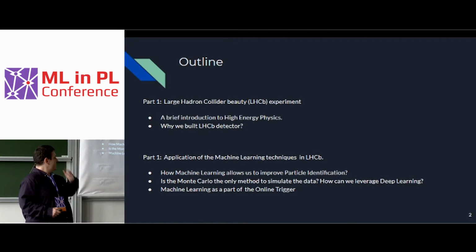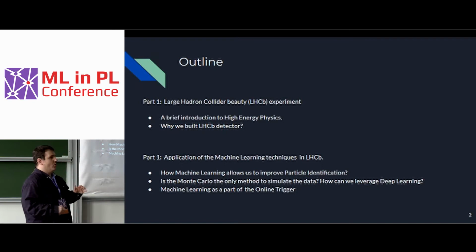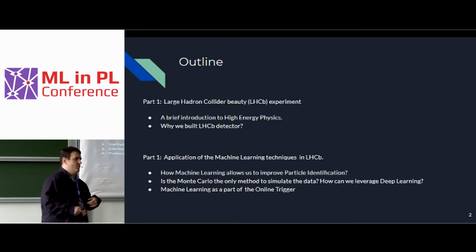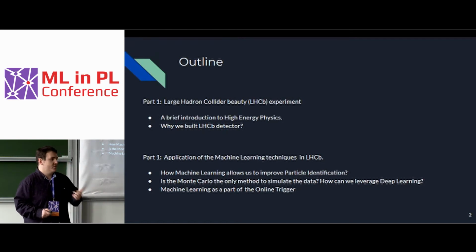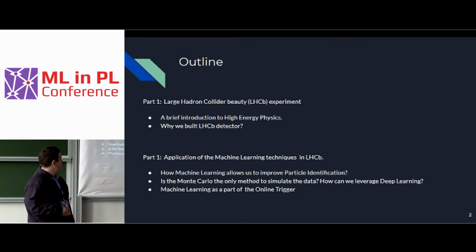The second one, I would like to spend some time discussing whether Monte Carlo is the only method to simulate the data. Maybe there is another idea that we can leverage, maybe we can use some deep learning to generate data and reduce the computational time. And the last one is machine learning as a part of the online trigger.